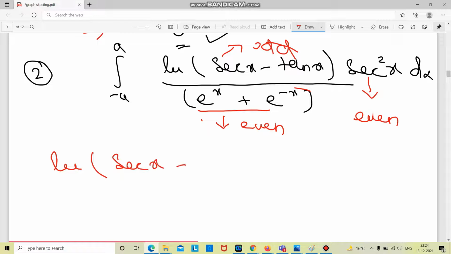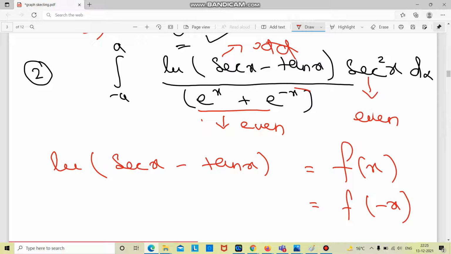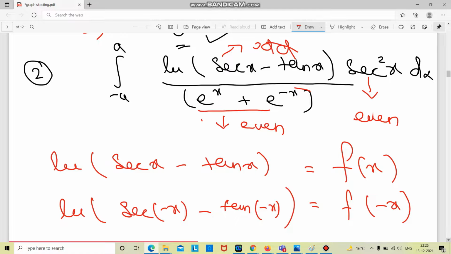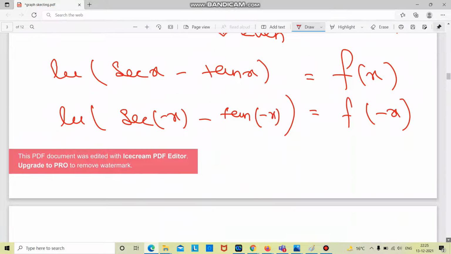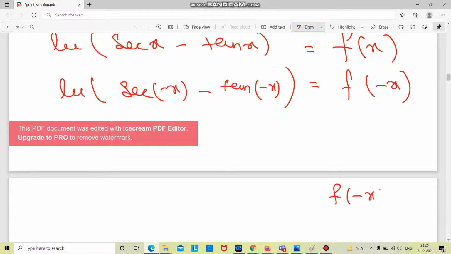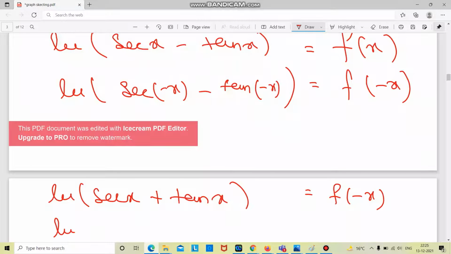We will see how it is odd. ln of sec x minus tan x, this is our f(x). Let's calculate f of minus x, which is ln of sec of minus x minus tan of minus x. Now f of minus x is equal to ln of sec x, as sec of minus x is sec x, minus tan of minus x is minus tan x, so it becomes plus, so it becomes ln of sec x plus tan x.